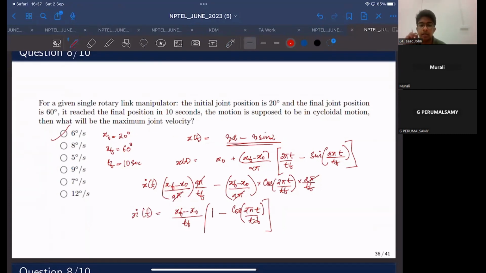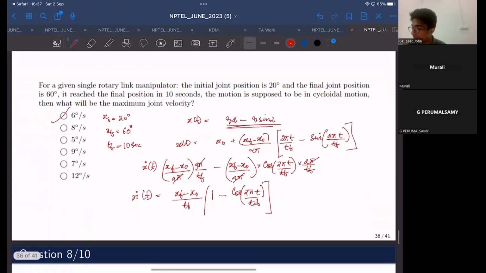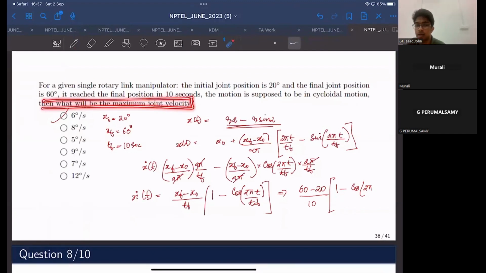So if you plug in the values that you have been given in the question, what will you get? xf is 60, x0 is 20, tf is 10. Then in the brackets you have 1 minus cos 2 pi t by tf. Again, it is asking you the maximum velocity, right?